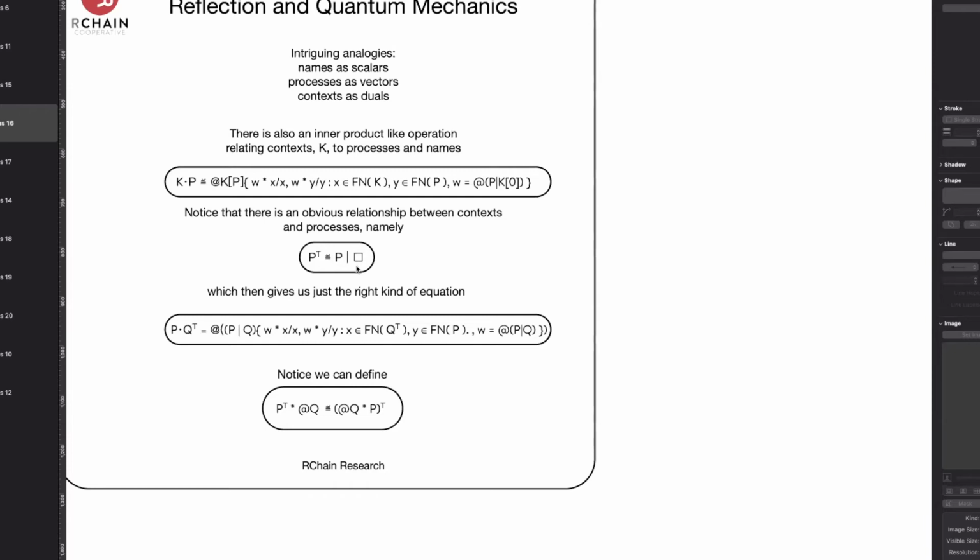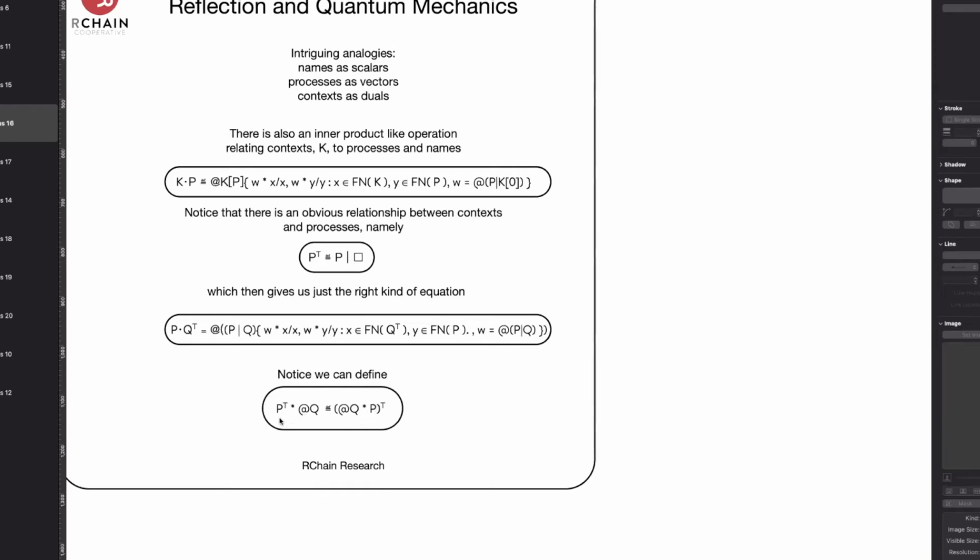And so now we can see that if we take P dot Q perp, that again, by definition, this will give us all the nice properties that we want.